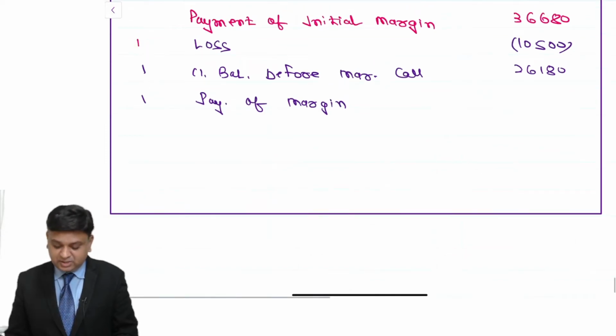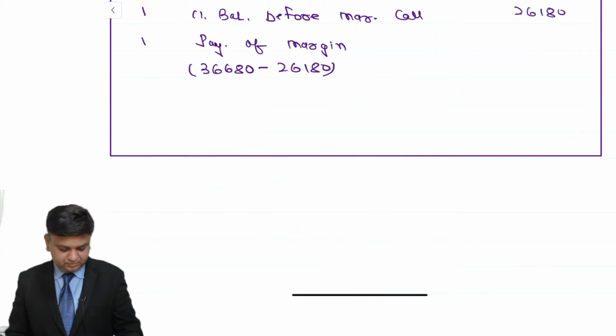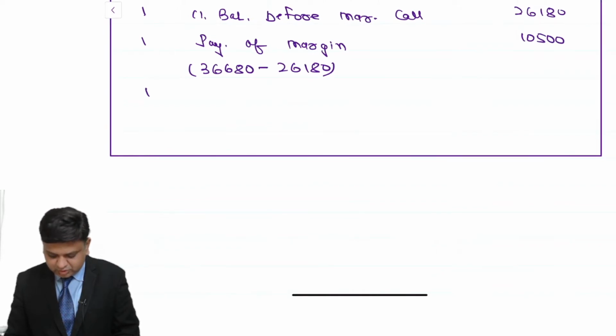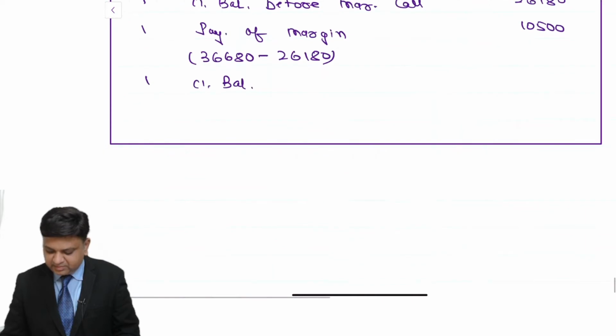So on the first day, payment of margin. How much margin is required to be paid? 36680 minus 26180. So it is 10,500. So on first day, closing balance is 36680.